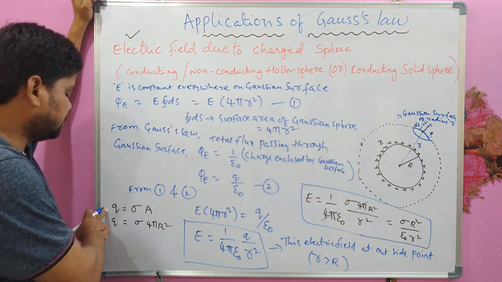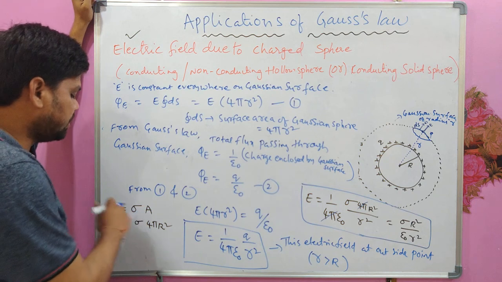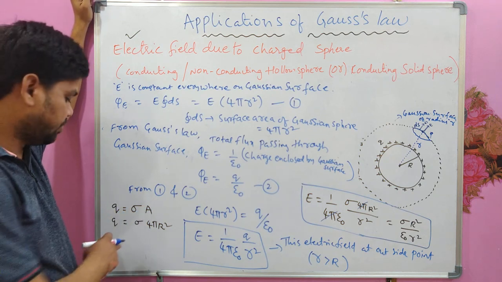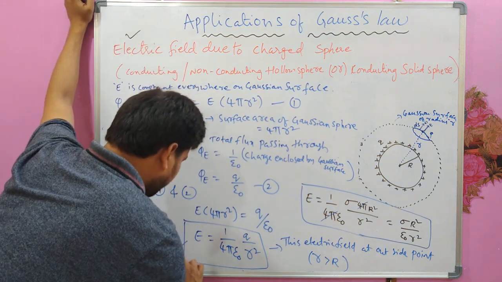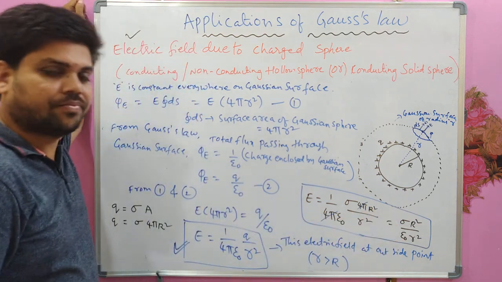The total charge given is distributed over the surface area. This is the surface charge density. Okay, so remember this one. This is very, very important. If you know this, you can automatically write this.